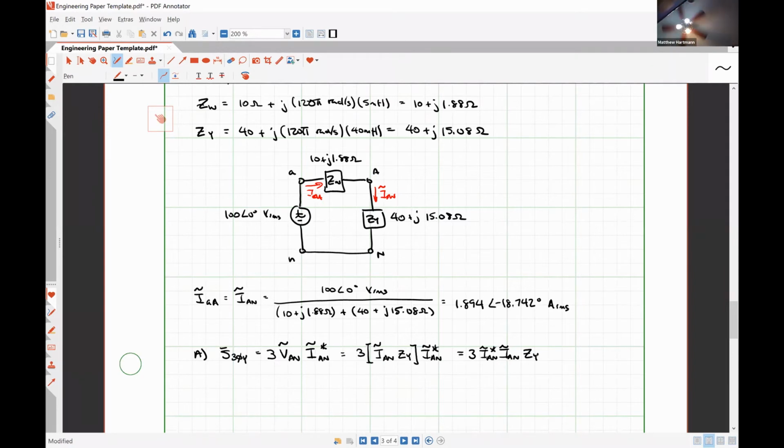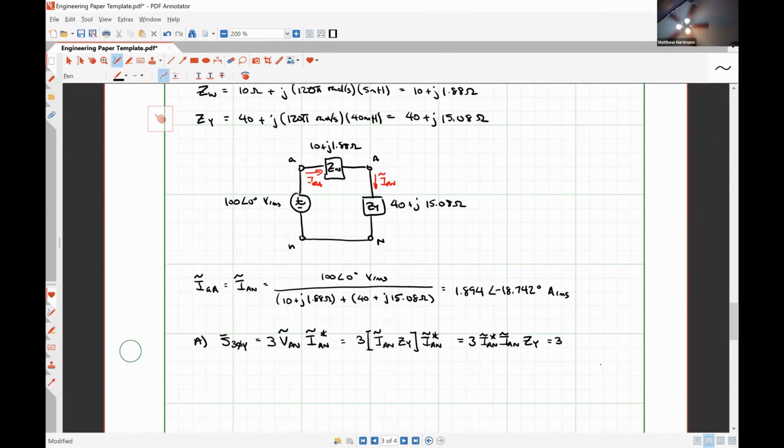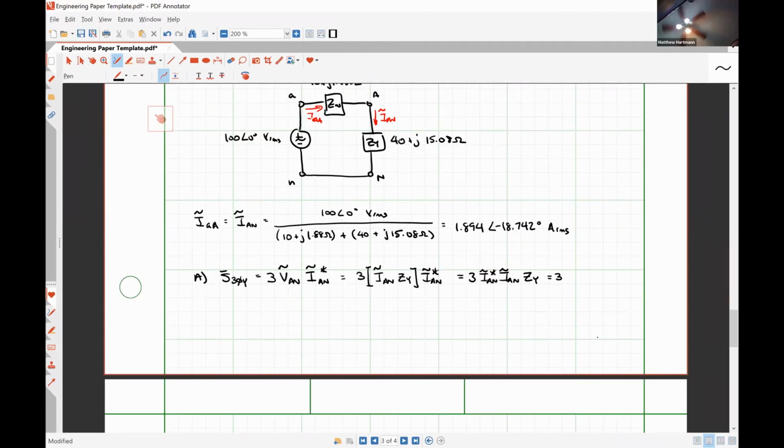Well, what's IAN times IAN conjugate? Is it just one? No. So I'll do it down here and I'll erase it. Let's say that I have a complex number A is equal to A e to the j theta.